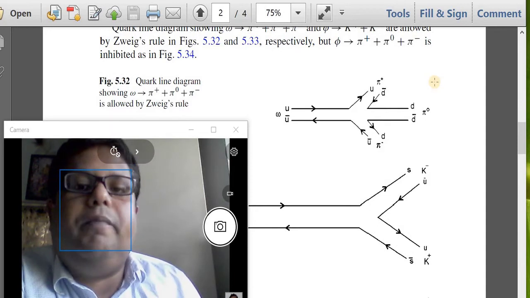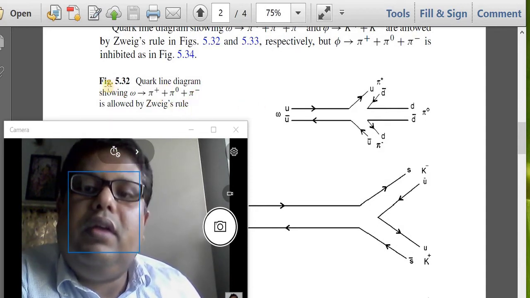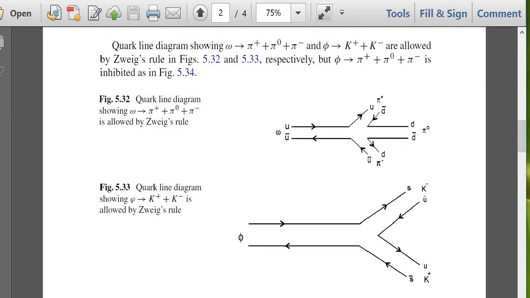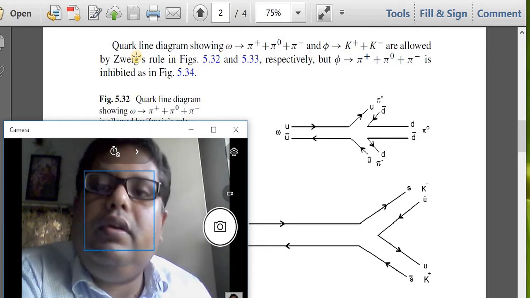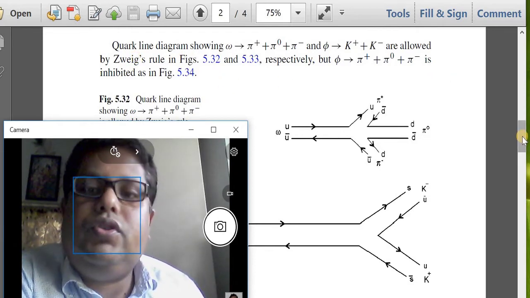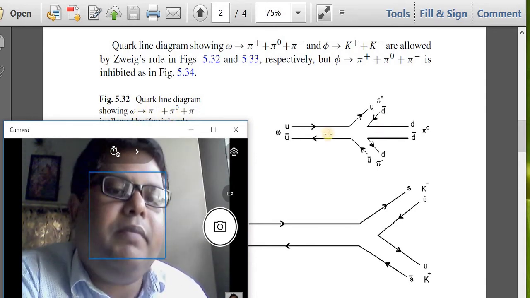Let me show you. The first example is shown in figure 5.32. Here I have shown the quark line diagram for omega going to pi plus, pi 0 and pi minus.